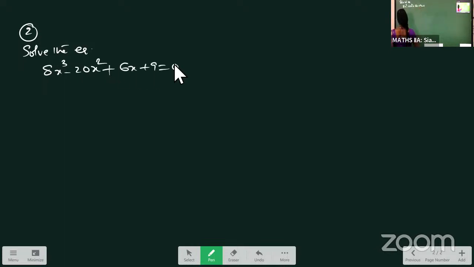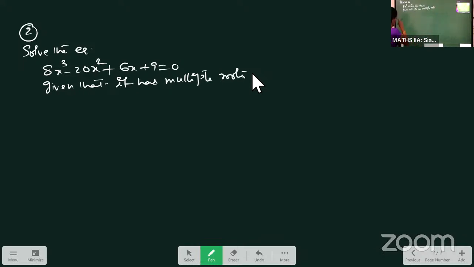Coming to the second question. 8x cube minus 20x square plus 6x plus 9 is equal to 0.